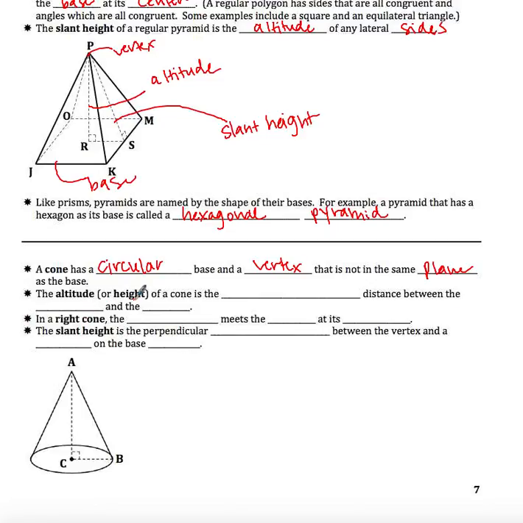So the altitude or the height of a cone is going to be the perpendicular distance between the vertex and the base. So this circle would be our base, A is going to be our vertex, and AC would be our altitude or our height.